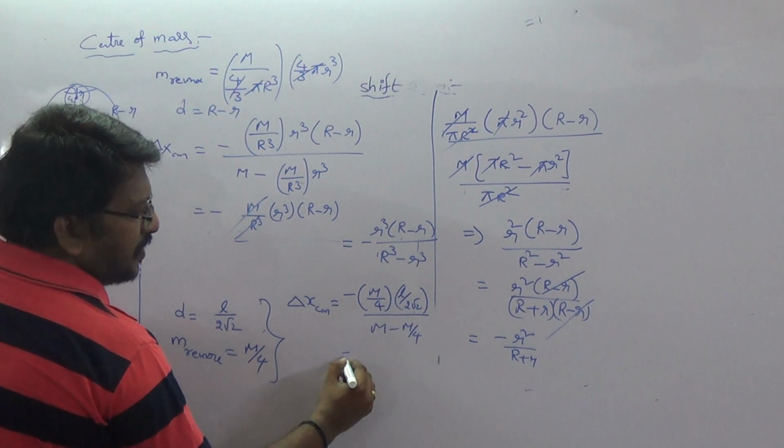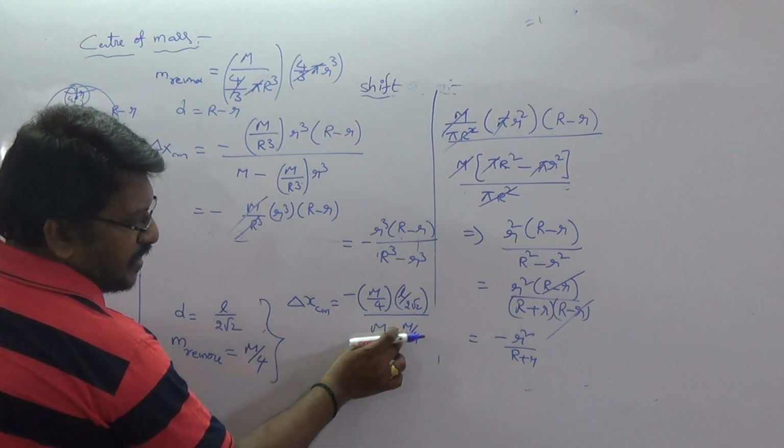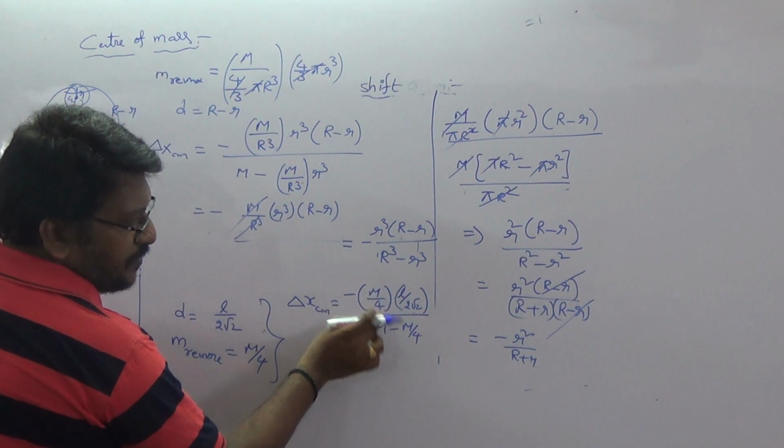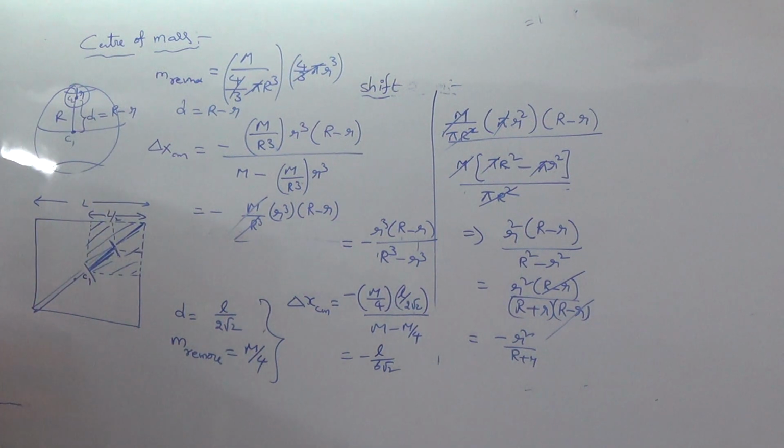You get here 3M by 4. M by 4 cancel. LCM just one, 3M by 4, M by 4 cancel, 3. So you get here L by 6 root 2. So that is the shift in center of mass. In this way, you can calculate every problem when mass is removed. What is the shift in center of mass? So the same.